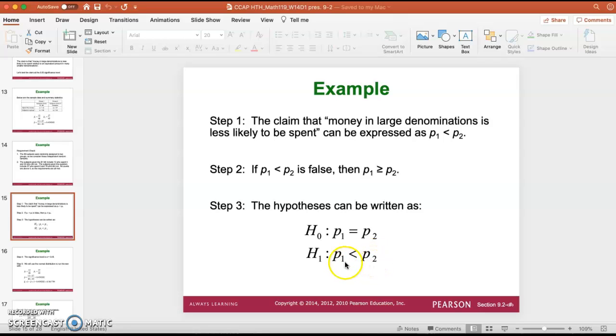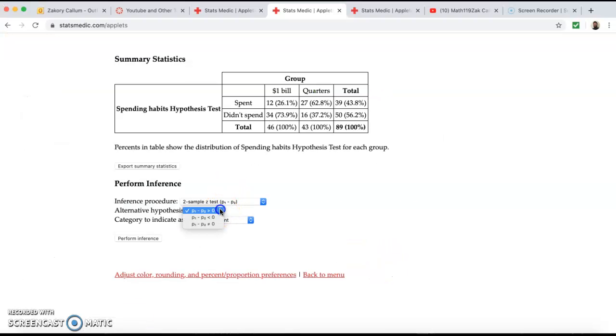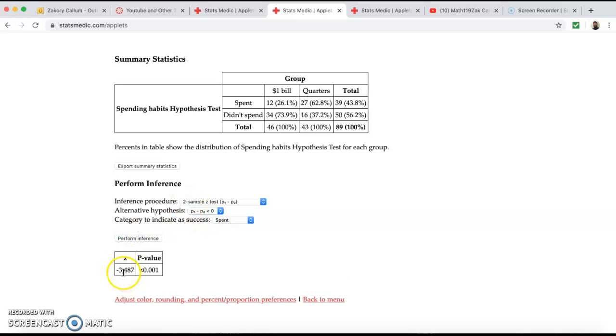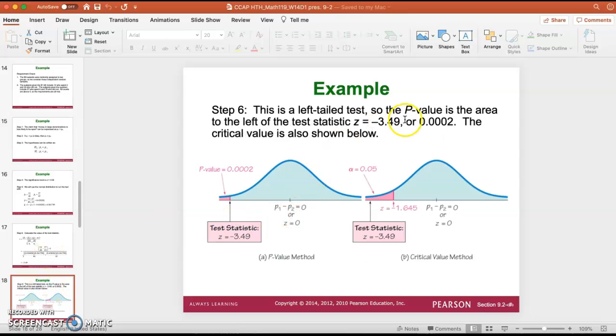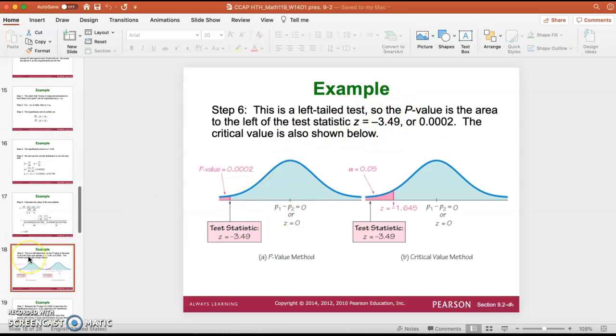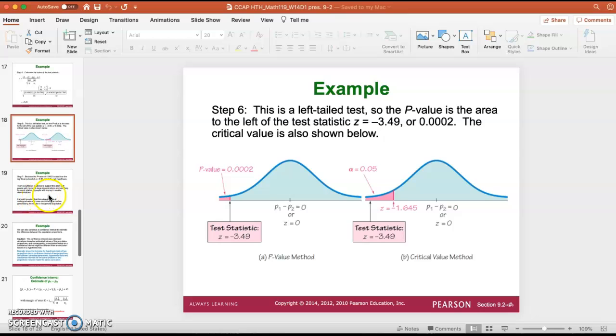Now if I subtracted P2 from both sides, I would get P1 minus P2 is less than 0. So that's the option I want to select on the applet here. Then click Perform Inference. It gives me a z-test statistic of negative 3.487, which when I round it would round to negative 3.49. And that matches up with the test statistic that we had before. So just a little different when you use the applet.